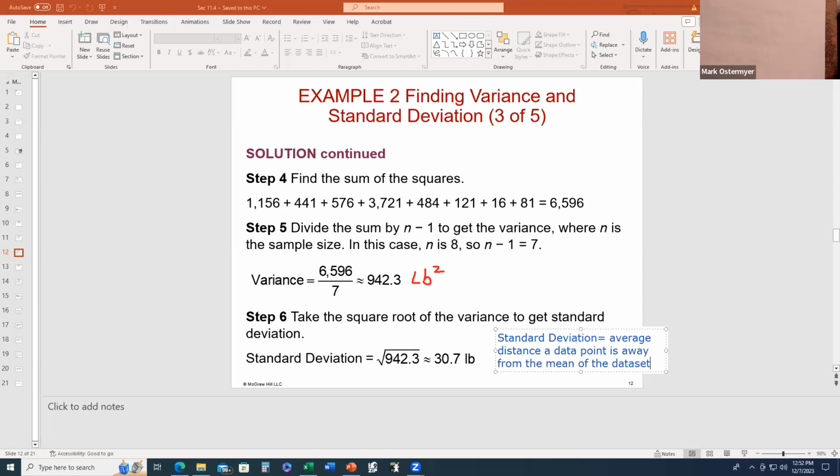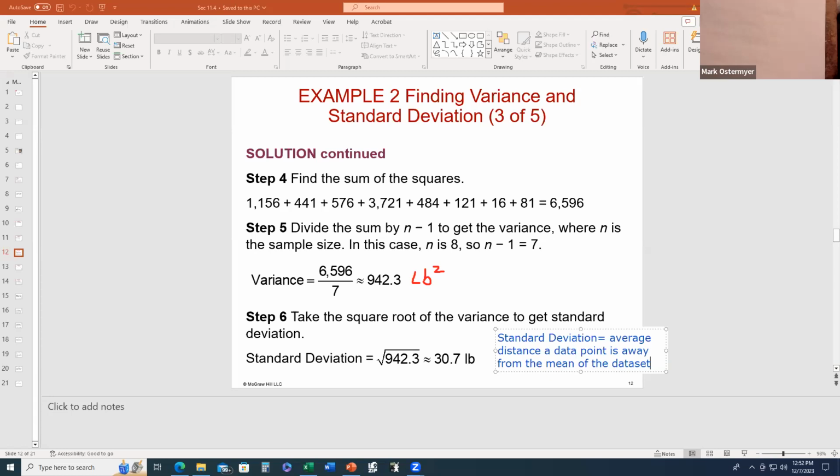So in general, the greater the standard deviation, the greater this deviance would be. The greater distance data points tend to stray away from the mean of a data set. The smaller the standard deviation, the smaller this deviance would be. The smaller the distance would exist between a data point and the mean of the data set. Okay. Now, symbols.